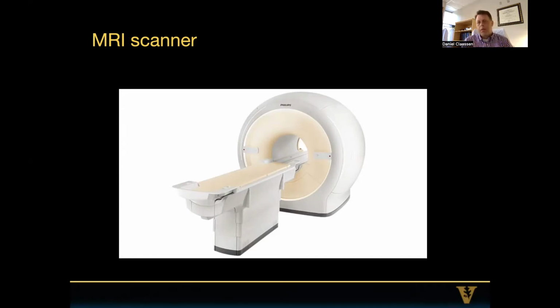Now, of course, an MRI is a magnet, so there are certain risks that we have to take into account. If you, for instance, have a pacemaker, that's obviously made of metal. It goes in your heart. An MRI scanner may not be the best idea for you. Sometimes they make pacemakers that are compatible with certain scanners.